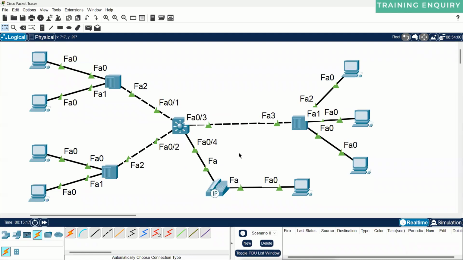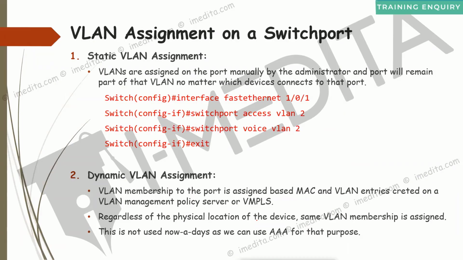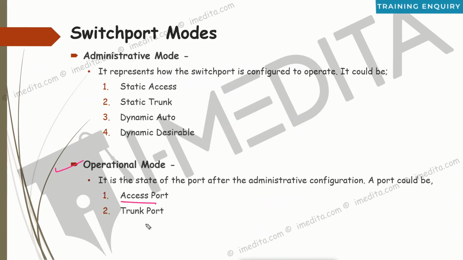Okay, sir. Good. Right. The switch port that we have, a layer 2 port, can operate in access mode or trunk mode. A switch port can have two types of mode, administrative mode and operational mode.